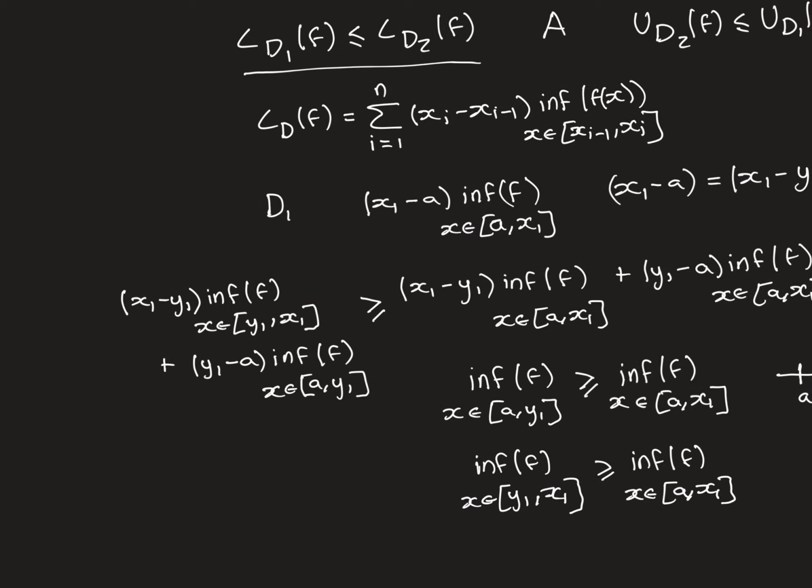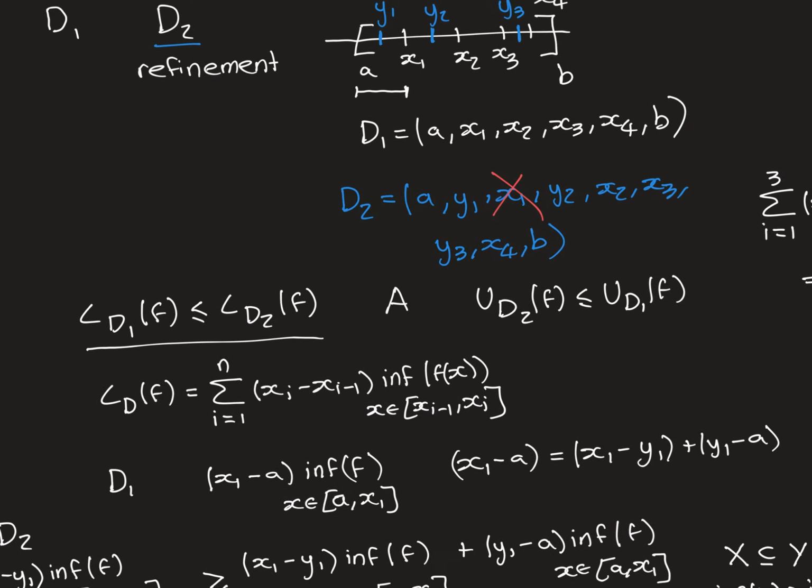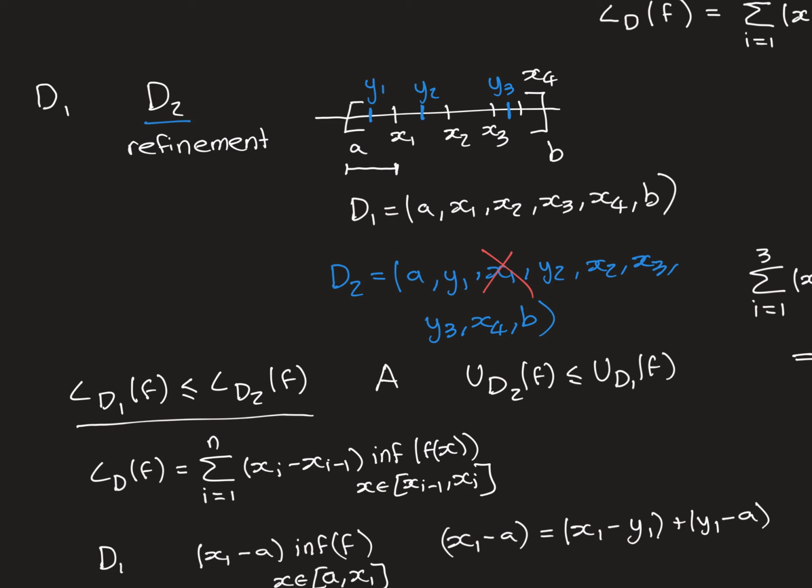So what we have shown is that the corresponding terms in the refined dissection's Riemann sum are greater than or equal to the term in the original dissection's Riemann sum. So now that same argument is going to hold true for all of the intervals in the original dissection.